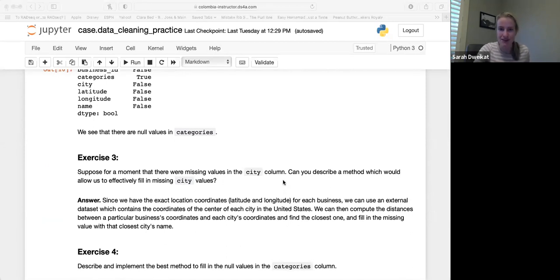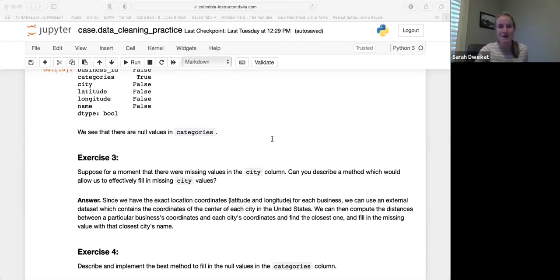Okay, lots of good answers. Yeah, these are all very creative answers to fill in this column. Maybe using the business name. Yeah, predicting it based off of city, based off of the other columns.